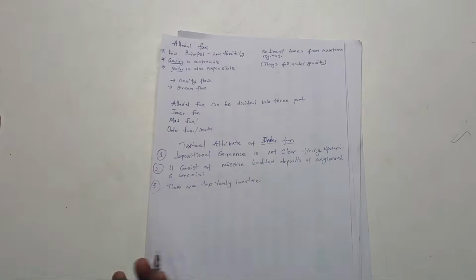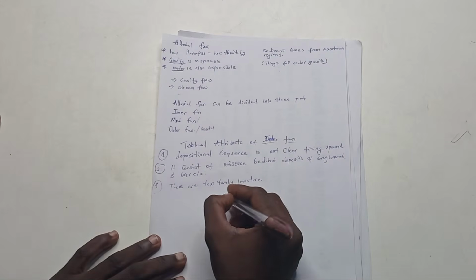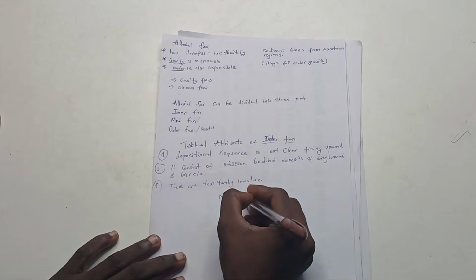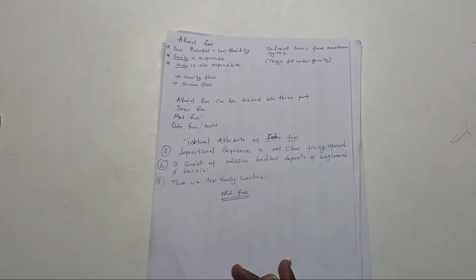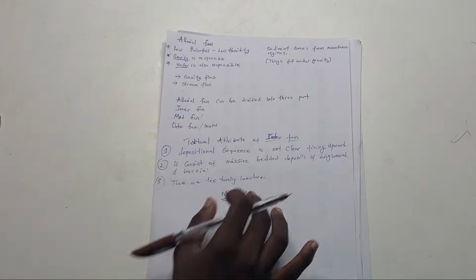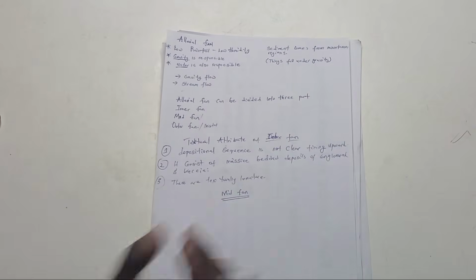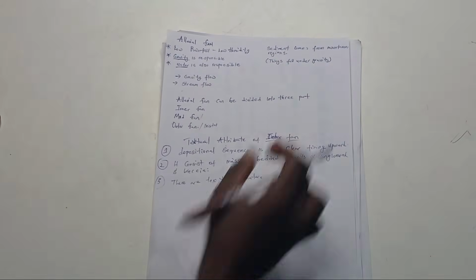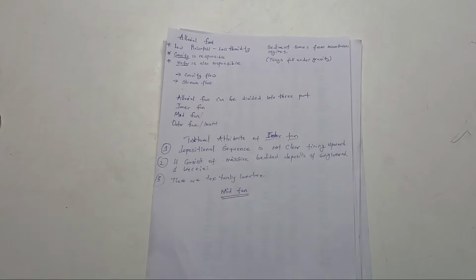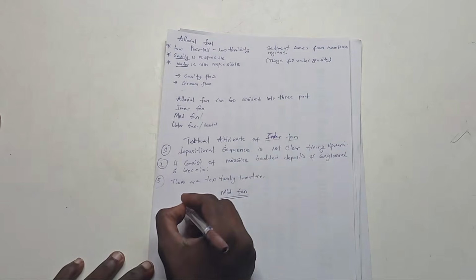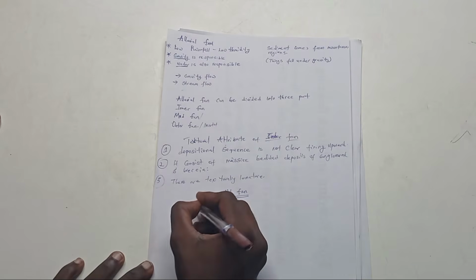Now, for the mid fan, one good characteristic is that yes, it is texturally more mature than the inner fan. But in this place we have structures. Sedimentary structures have begun to form here, but they are crudely formed.